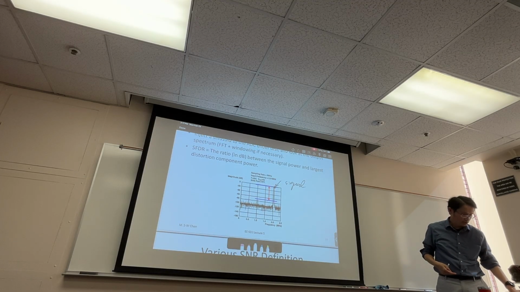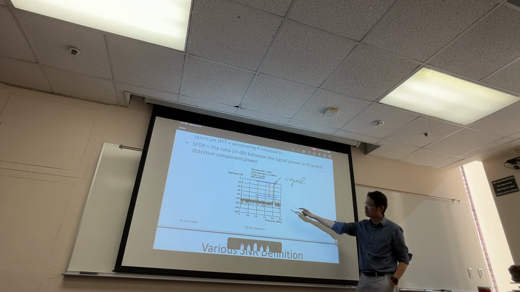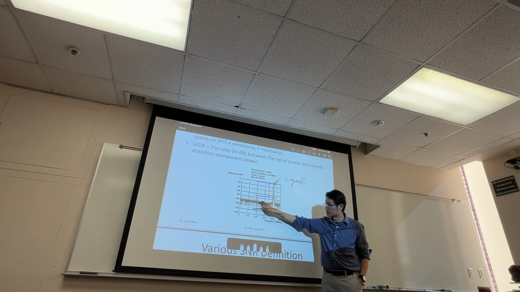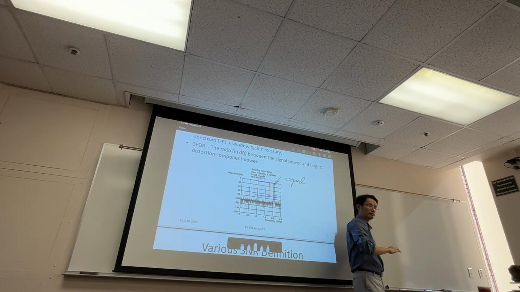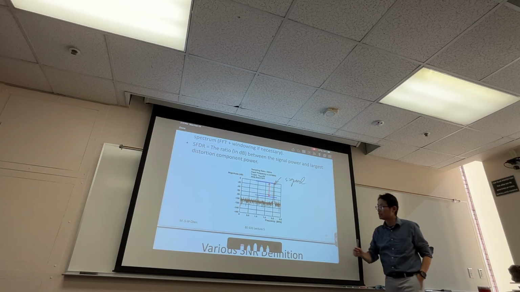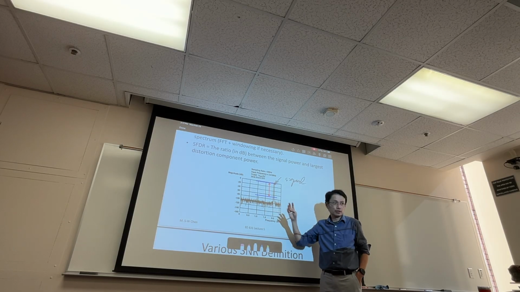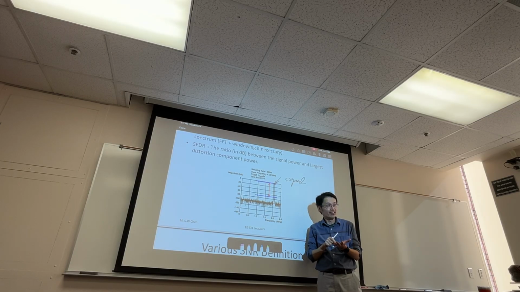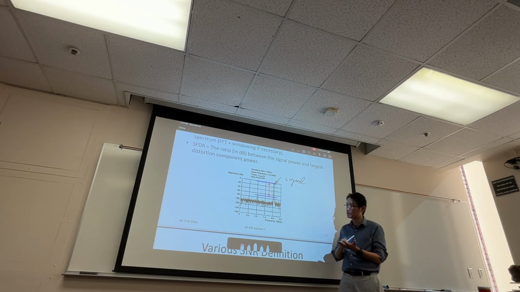So let's go back to here. Here's your signal power, and you sum the rest of the spectrum all together. At that point, there's no difference between so-called distortion or noise, because you sum everything up, right? That's why it's SNDR. It normalizes the noise plus the distortion.